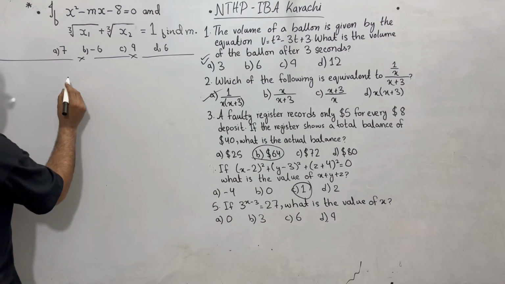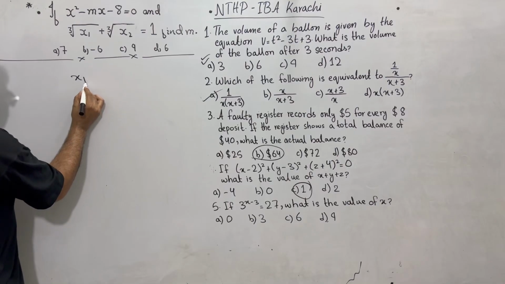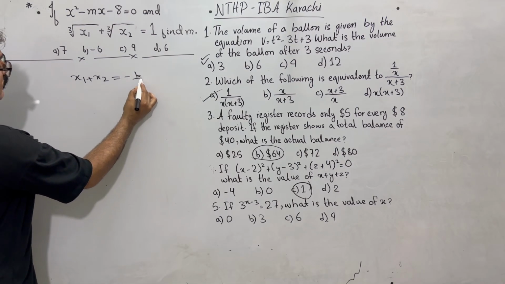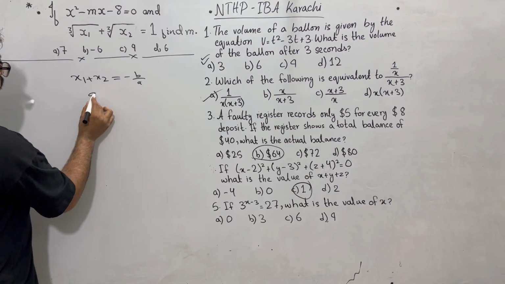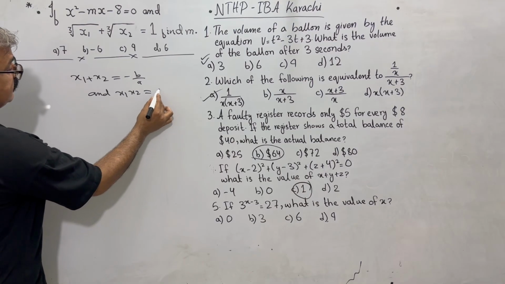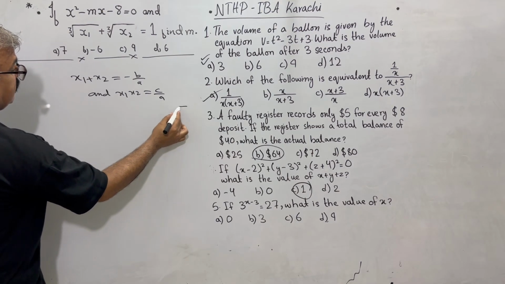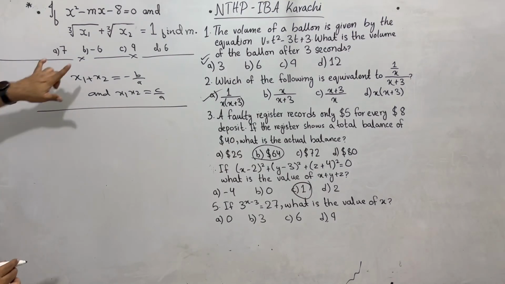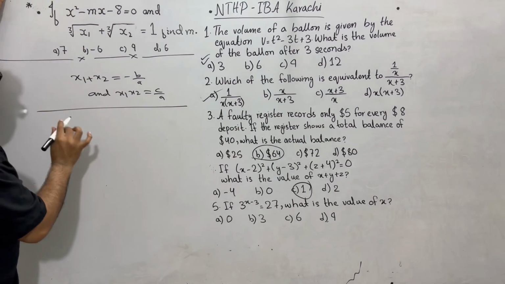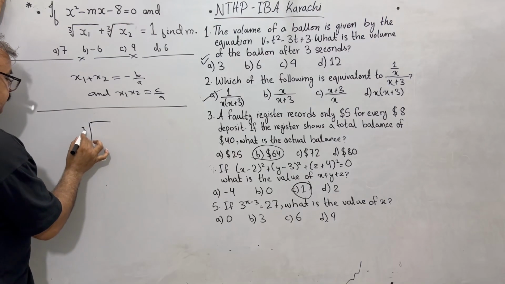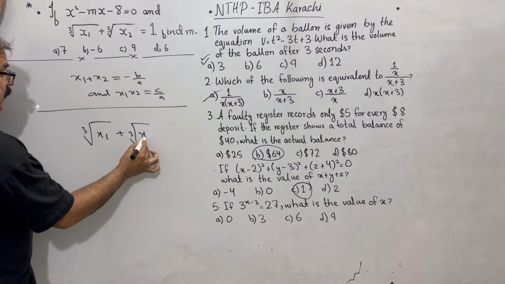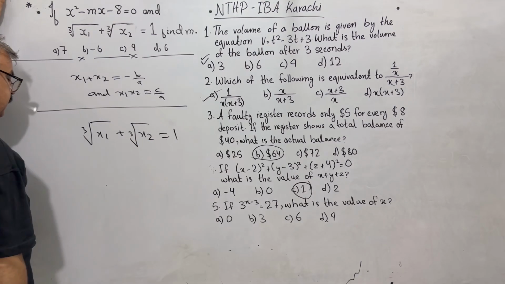Wonderful question. We are familiar that the sum of the roots is given by minus b over a, and the product of the roots, x1 into x2, is equal to c over a. Now this given condition is to be utilized: cube root of x1 plus cube root of x2 is equal to 1.